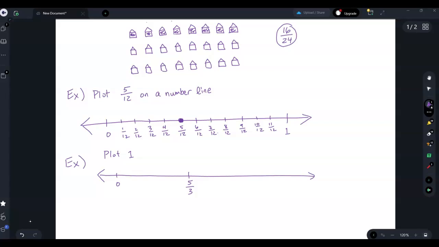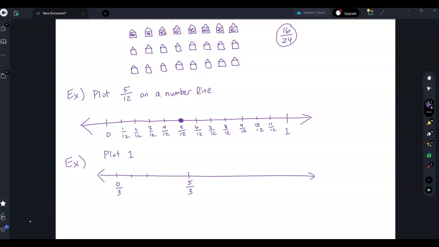So how do you know where in between 0 and 5/3 1 should go? You're going to need to space this evenly. And again, my denominator here is 3, and if it helps, you could also think of 0 as being 0/3, right? So really, going from 0/3 to 5/3 is really the same thing as going from 0 to 5. If I had a number line from 0 to 5, I'm missing marks for 1, 2, 3, and 4. So I would need to put those in here.